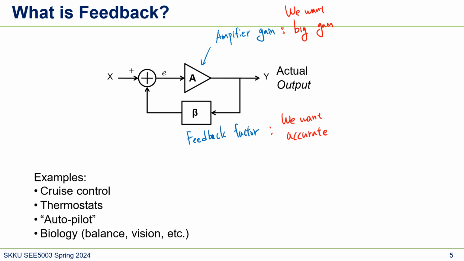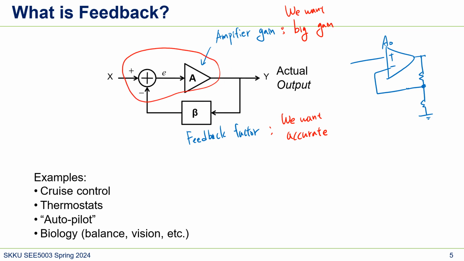So for example, in our previous example, the A0 corresponds to this part, right? This part is the amplifier, and the X corresponds to V in. And the output Y is V out.